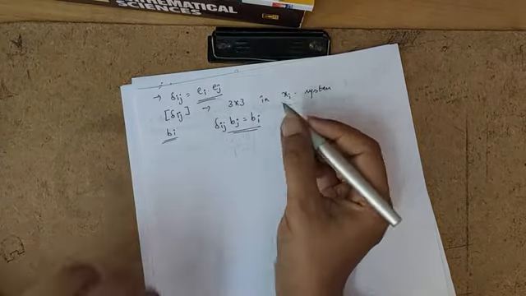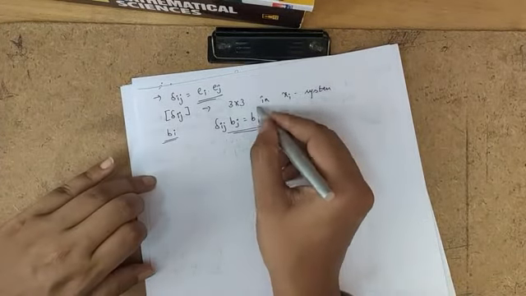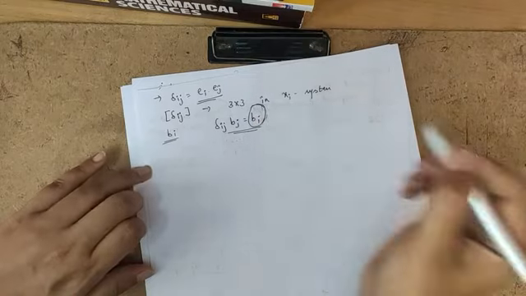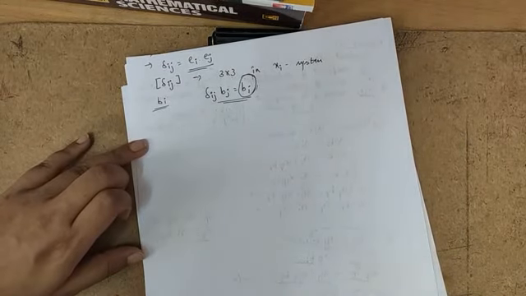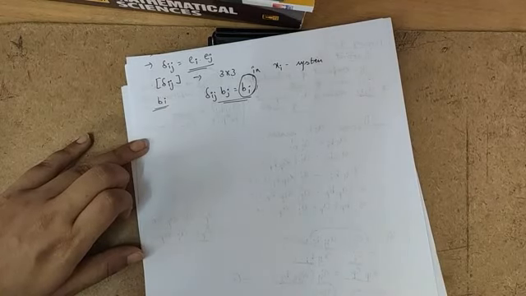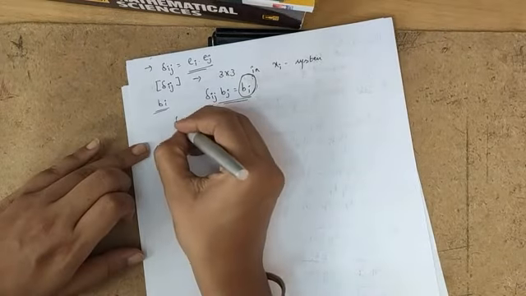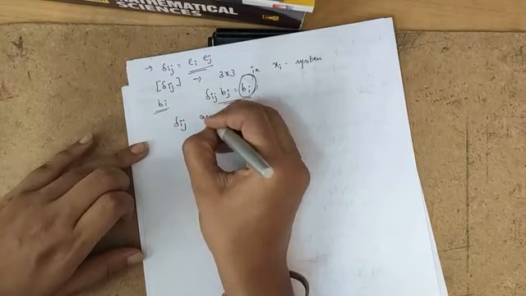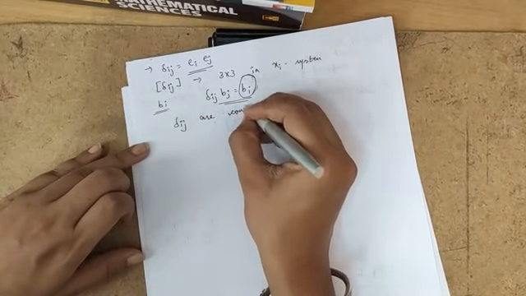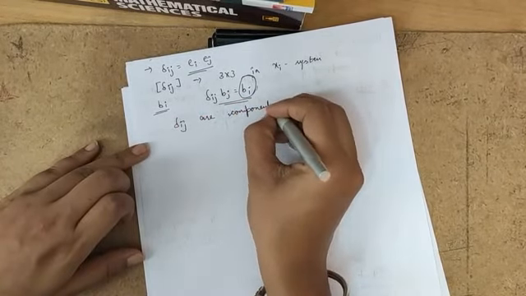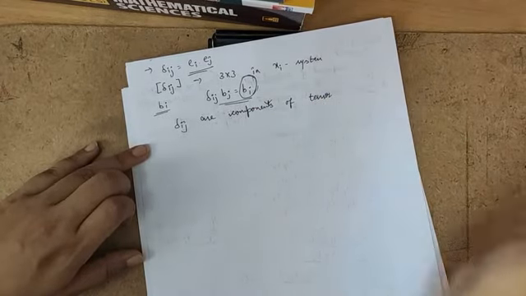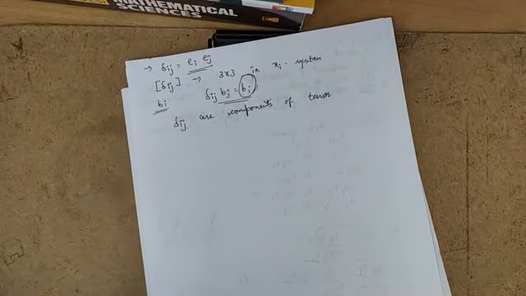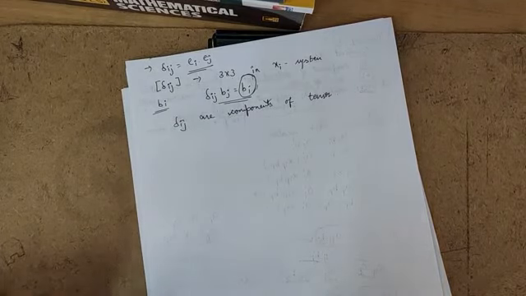That means these are components of the vector B itself, isn't it? So by the quotient law we can write delta_ij are components of a tensor. This is the first part of the proof. That is what we are supposed to prove, right? It is a second order tensor.